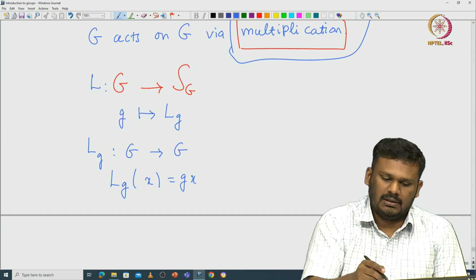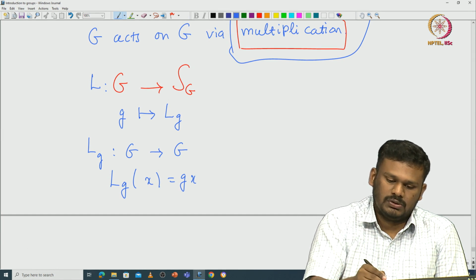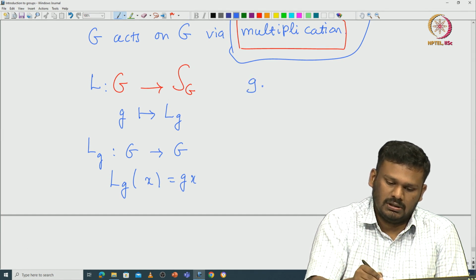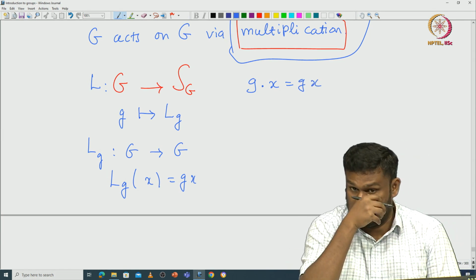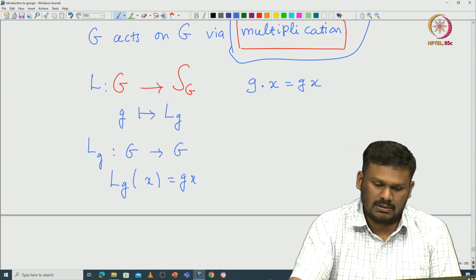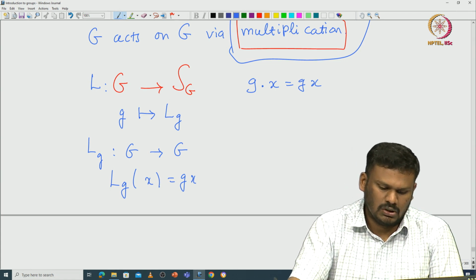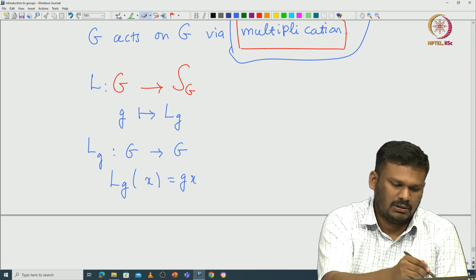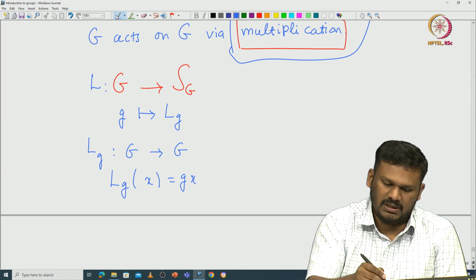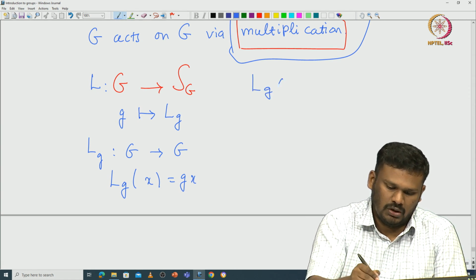Indeed, if you use that dot notation, G dot x is exactly Gx. Let us not get confused between this group multiplication and the abstract group action. So, I will just use LG whenever this particular map is mentioned. LG of x is just given by Gx.